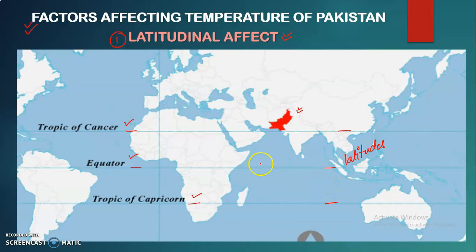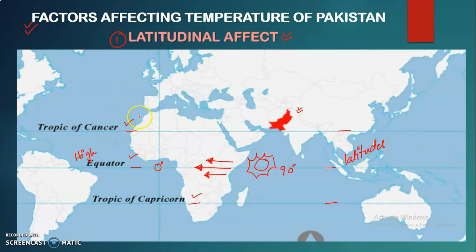How? Let's see. When we talk about the equator, it exists at 0 degrees, and this is a place where the rays of the sun are direct. No matter where the position of the sun is, the rays on the equator would always be direct at 90 degrees. This is one reason that the temperature at the equator is higher compared to other parts of the world.